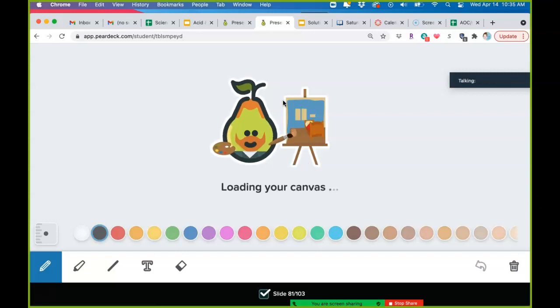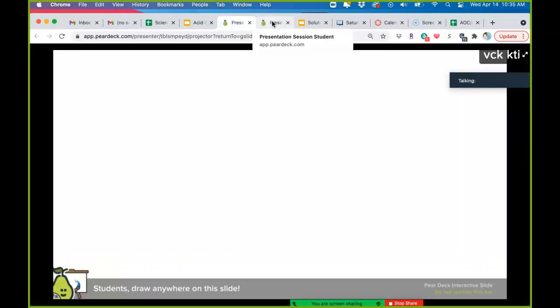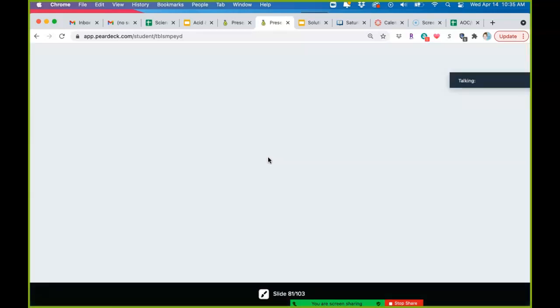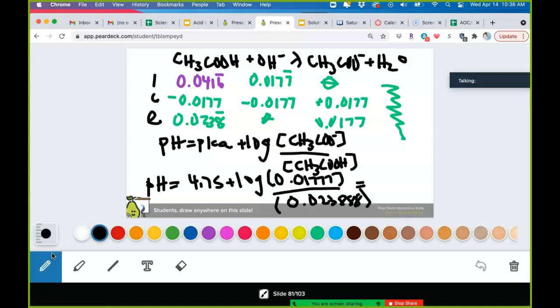Uh-oh. What's happening? 4.62, 4.63, 4.61. It's really going to depend on how you rounded.